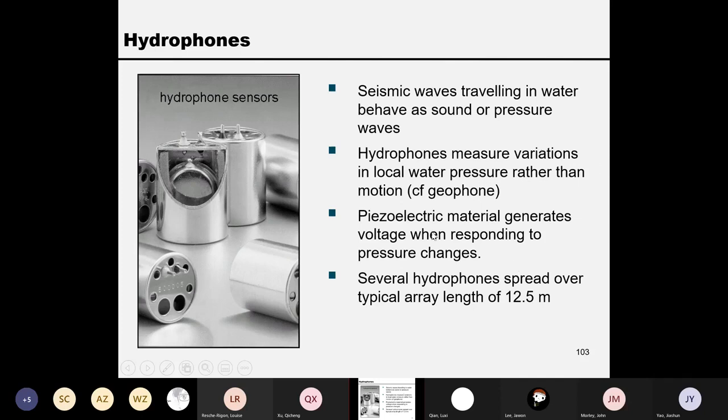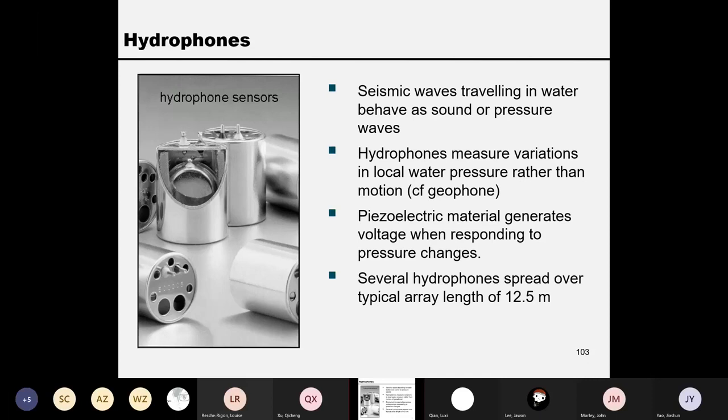This is a piezoelectric electrical material to generate the voltage. Basically, they also record the voltage, okay? But use piezoelectric material rather than the magnetic coils.